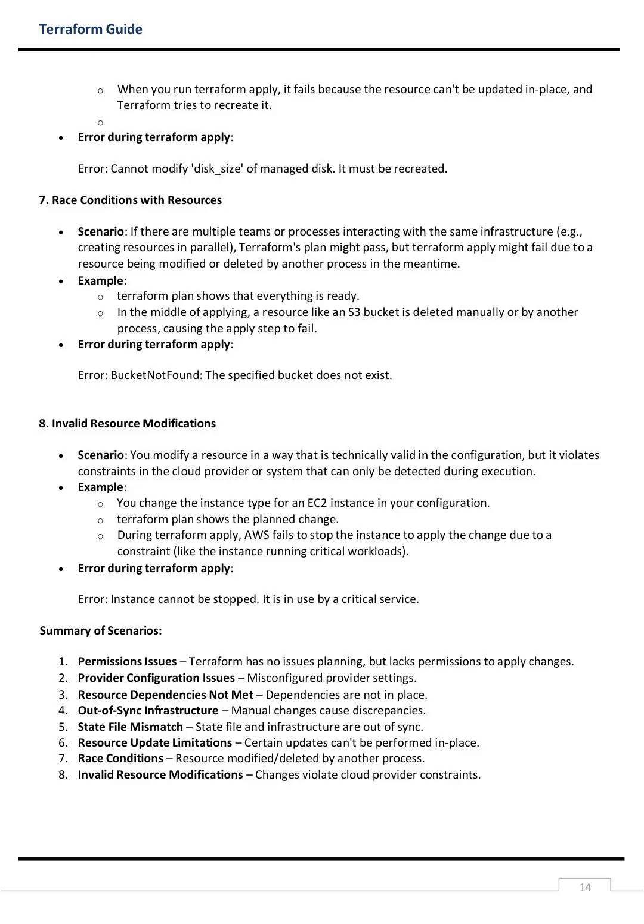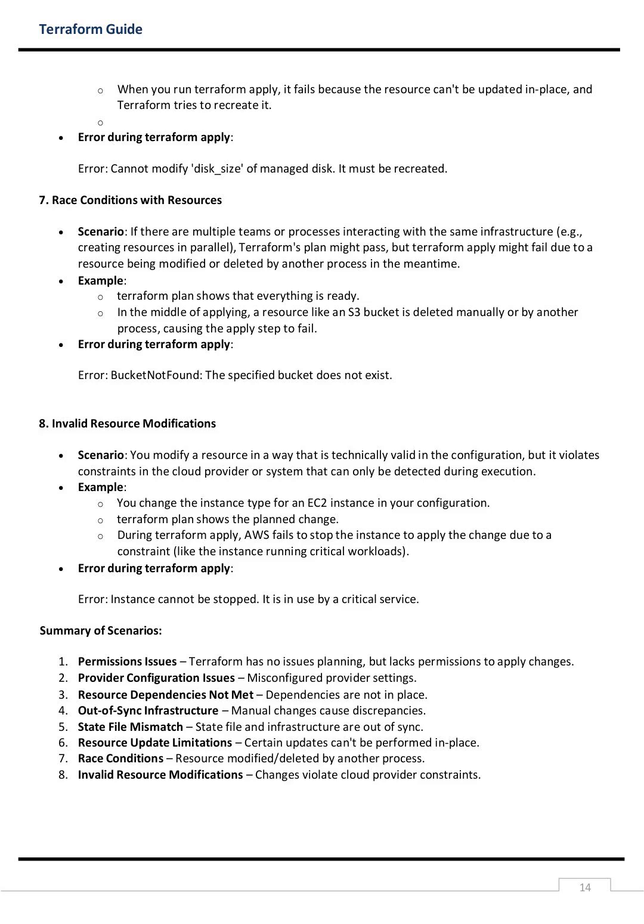Example: Terraform plan shows that everything is ready. In the middle of applying, a resource like an S3 bucket is deleted manually or by another process, causing the apply step to fail. Error during Terraform apply. Error: bucket not found. The specified bucket does not exist.